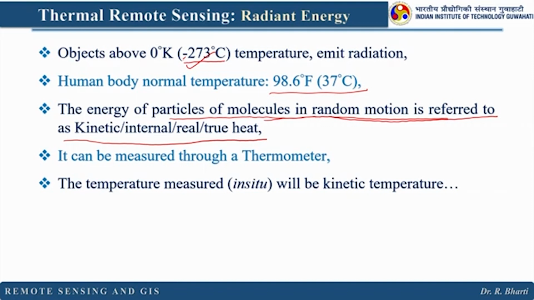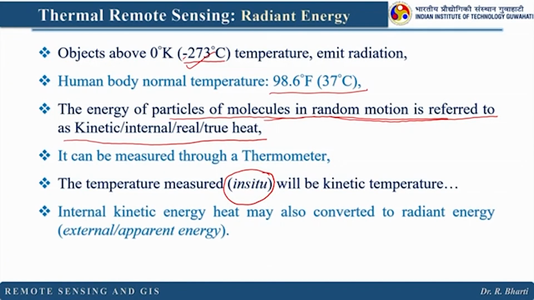The temperature measured in situ. So here this is very important. If you measure temperature at the location of that object, that will give you kinetic temperature, right? So if you are measuring the temperature of any human body or of any object where they are lying, then that will be known as kinetic temperature.